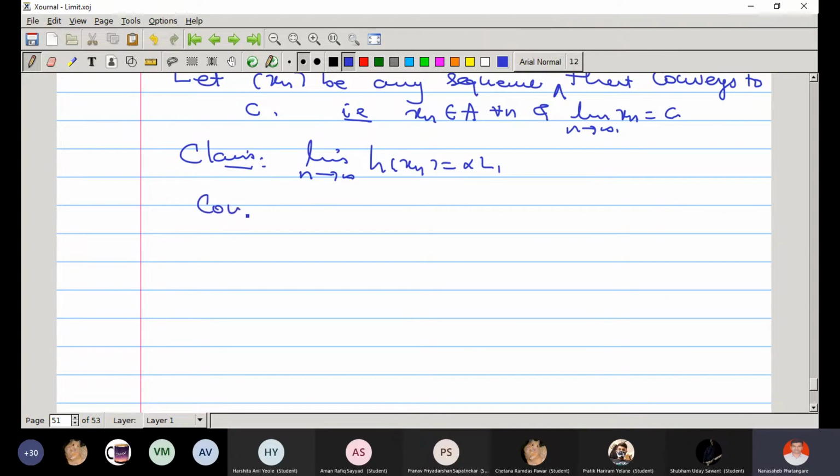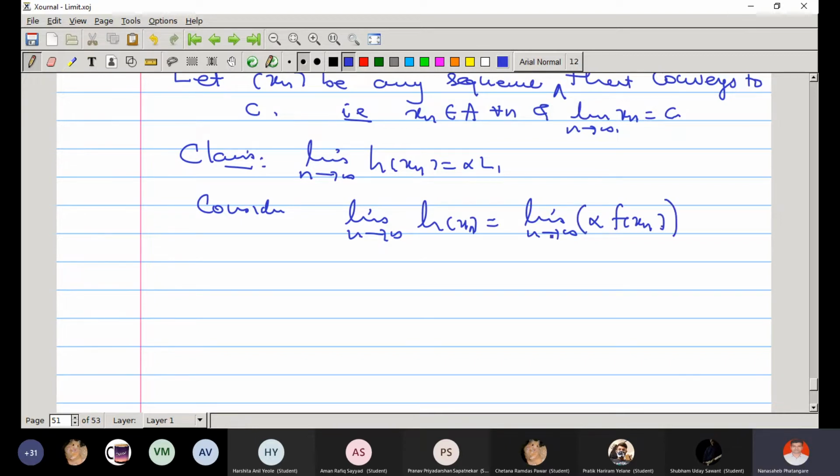So the limit as n tends to infinity of h(xn), that is the limit as n tends to infinity of alpha times f(xn), since h(x) is alpha times f(x).